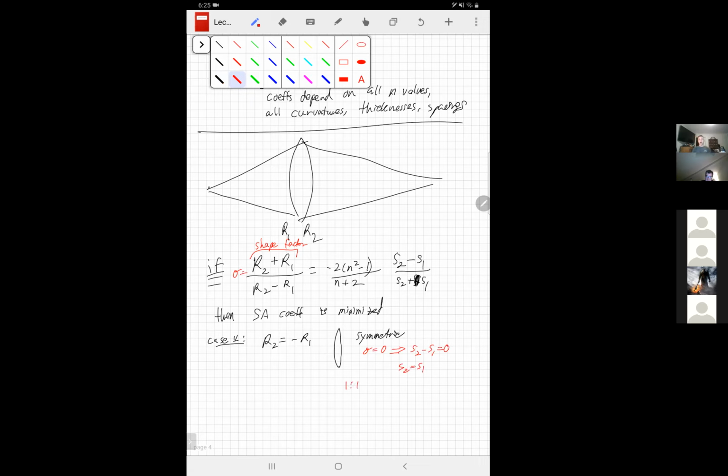So 1-to-1 imaging has a symmetric lens. And sometimes people need a 1-to-1 relay lens. Sometimes they just need to extend the beam path a little bit farther, maybe because they have to put a detector further out than they anticipated. There are some other constraints in some sort of benchtop design.